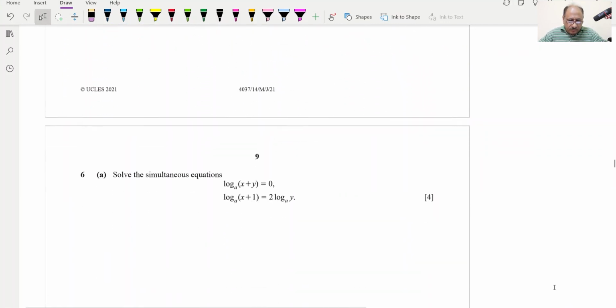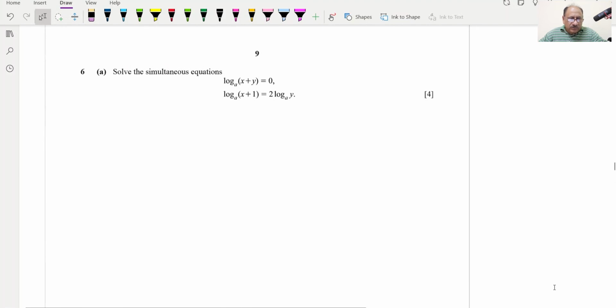Hopefully you understood it. Now question number 6, this is a simultaneous equation, and it is a little different type, so we'll have to solve this carefully. This is in terms of log, that's why they have given 4 marks for this question.